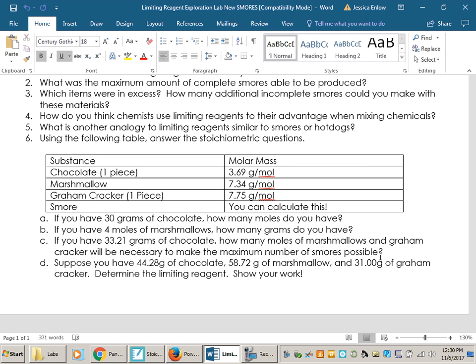So basically, you just convert the grams to moles and then see what comes out. When do we convert? You just multiply across. And that gives you none. Now what about Graham crackers? So it's number 3, the same. Like 1 mole equals 1 mole of that, 1 mole of this.